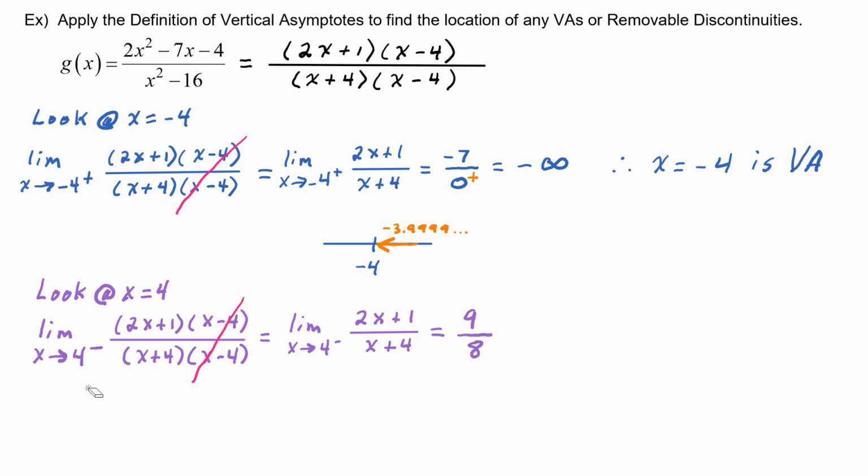Since the one-sided limit was not positive or negative infinity, that means that x equals 4 is not a vertical asymptote. And in fact, what this means is that G has a removable discontinuity at x equals 4.